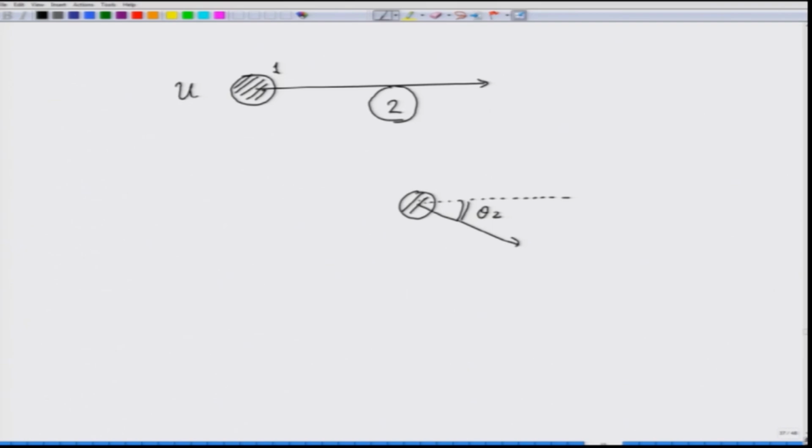And ball 1 starts moving at some other angle this way, which I will call theta 1. So, this is ball 1 moving this way. And we wish to show that theta 1 plus theta 2 is equal to pi by 2. What are the equations that we have at our disposal? That is momentum conservation.